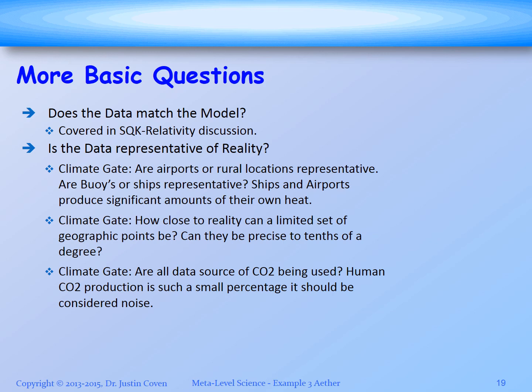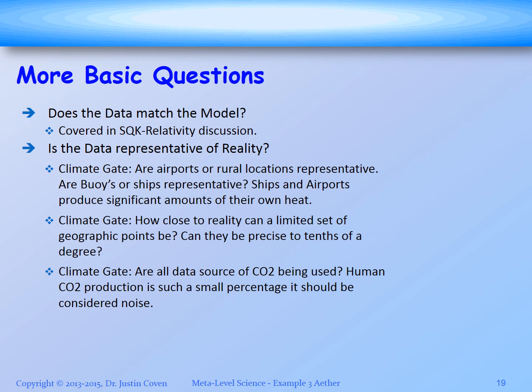More basic questions. Does the data match the model? And this was covered in the subquantum kinetics relativity discussion above. Is the data representative of reality? ClimateGate. Are airports or rural locations representative of temperature? Are buoys or ships more representative?